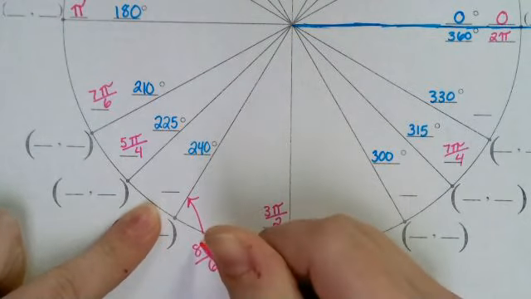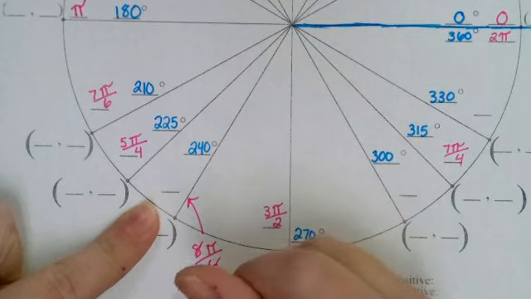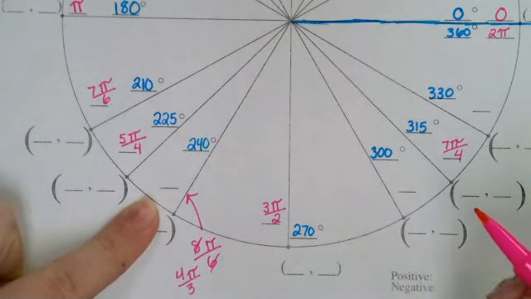But remember that this is going to reduce and actually become 4 pi over 3.